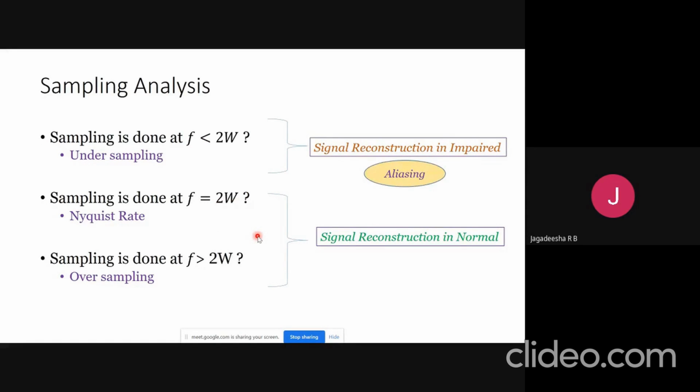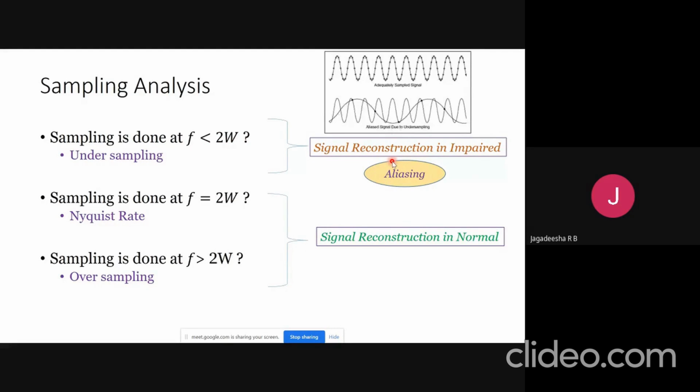Okay, so if the sampling is done at a frequency less than 2 times the maximum frequency of the signal, then that is called undersampling, and that leads to something called aliasing. This will prevent the reconstruction of the signal in its original format. So we will see what that is. For example, you have the input signal here, and in this figure there are many dots.